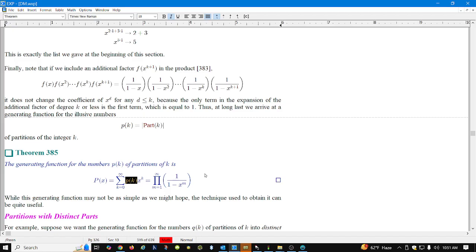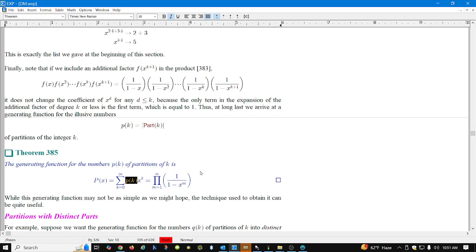Well, this isn't the most pleasant of generating functions. It's an infinite product of infinite series, but it's something. It's probably an indication that these numbers, P of k, are not so easy to find.